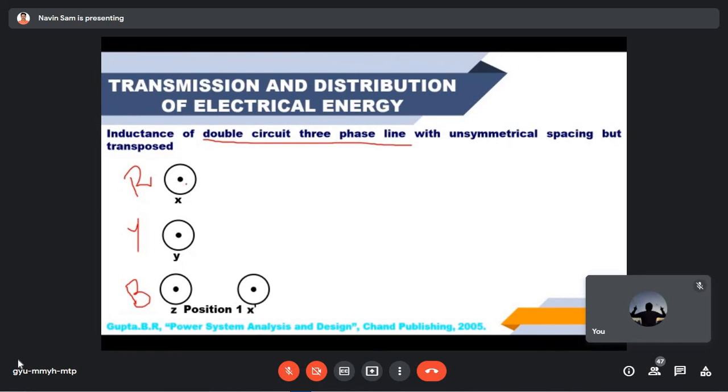The second conductor arrangement is X dash, Y dash, and Z dash. These are the possible first conductor arrangement, again for R phase, Y phase, and B phase.